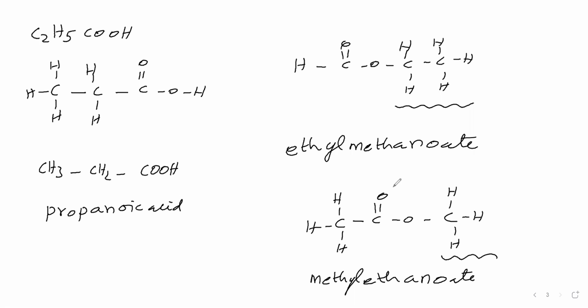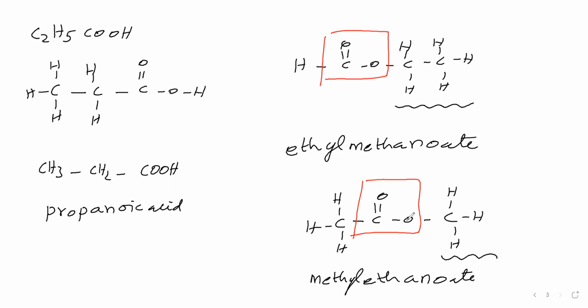Now, this methyl ethanoate and ethyl ethanoate, are they isomers? What do you think? We will check. Here we will see the functional group, that is ester. On the right side of this functional group you see what is there, ethyl.